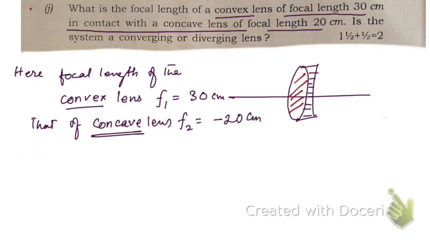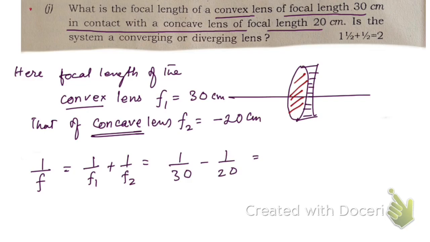The focal length f of this combination is given by 1 by f is equal to 1 by f1 plus 1 by f2, which is 1 by 30 minus 1 by 20. Taking LCM, that's 60, so 2 minus 3 gives minus 1 by 60.